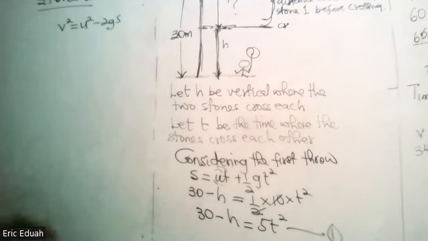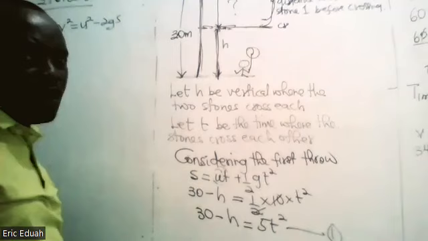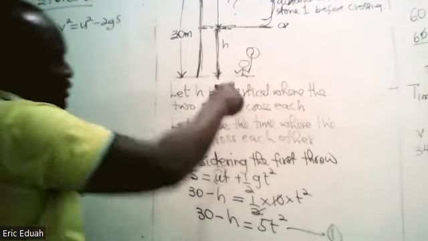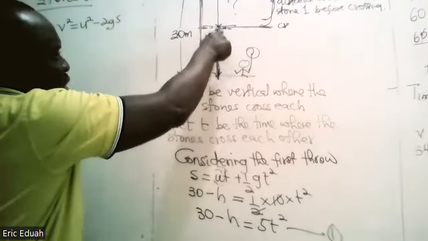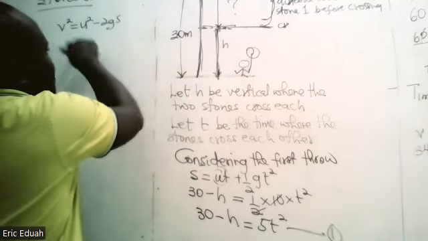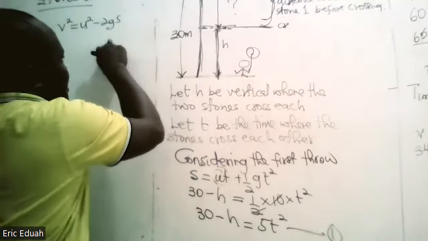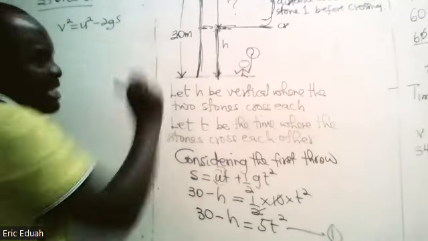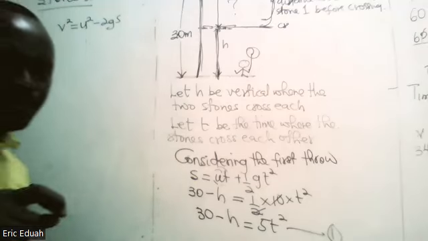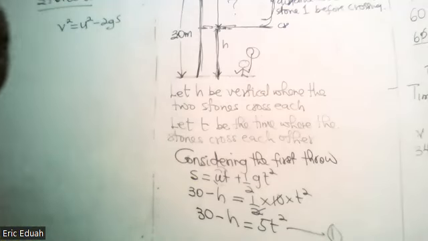You see, if you use this, the difficulty will be for v. You wouldn't know the velocity there. Fine, you have u, you have g, we have h. H is also a variable. Akosia, go ahead.